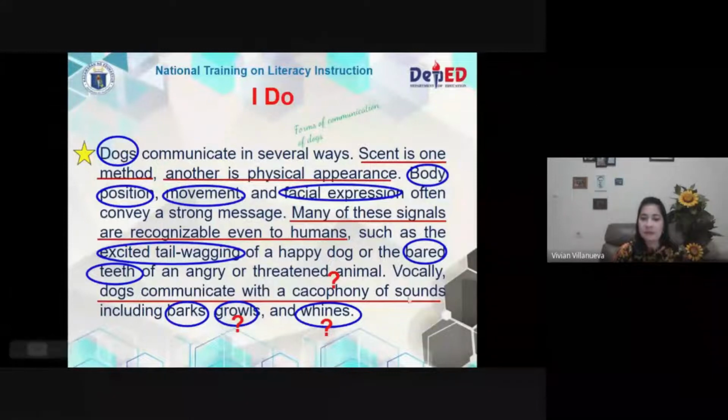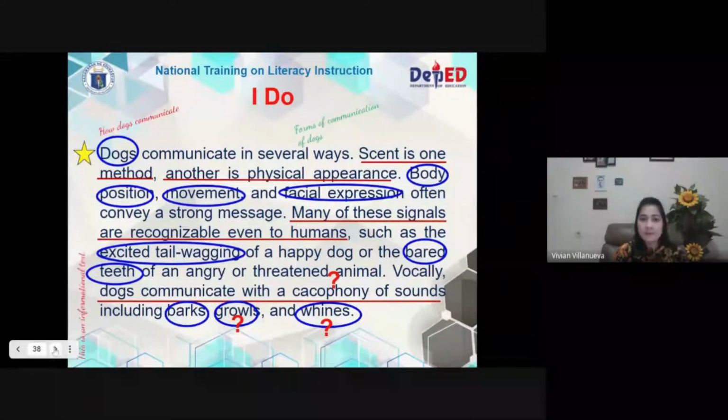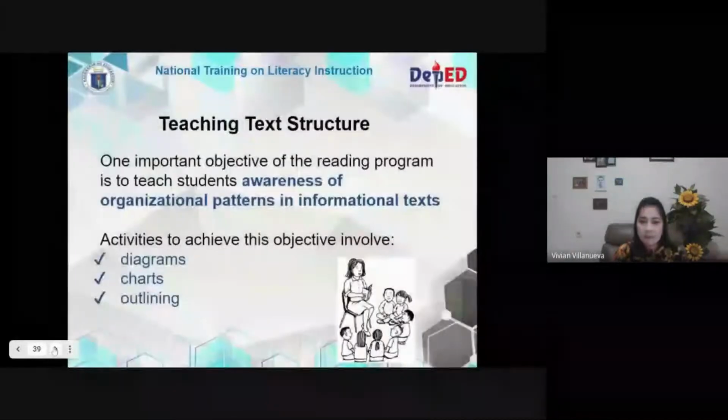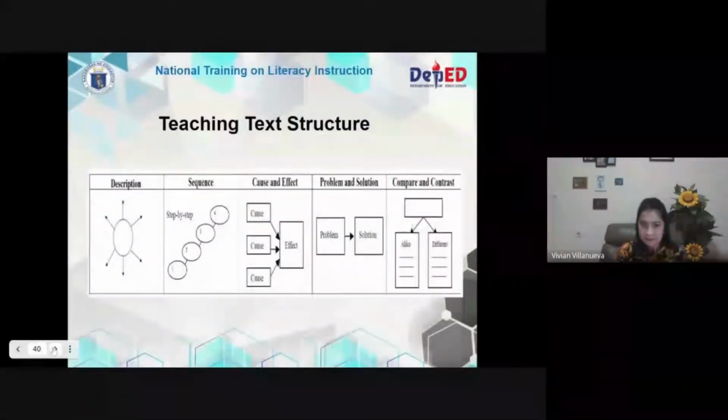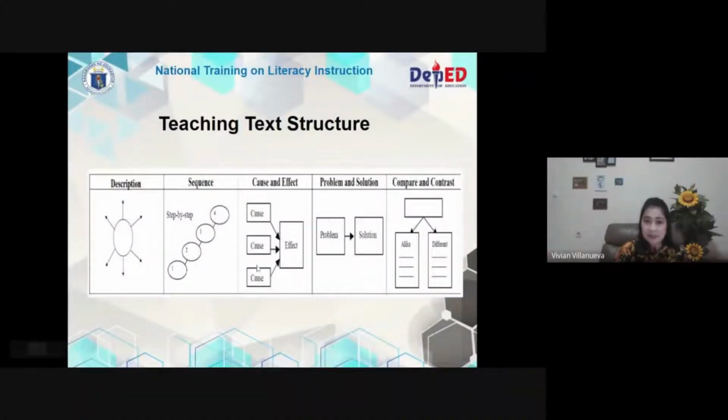Questions if you are not so sure about the words or the vocabulary, writing around that. And I'm sure you're also familiar with diagrams, charts, outlining. Here are some of those. I'm sure you've used graphic organizers for description, sequencing, cause and effect, problem solving, compare and contrast.